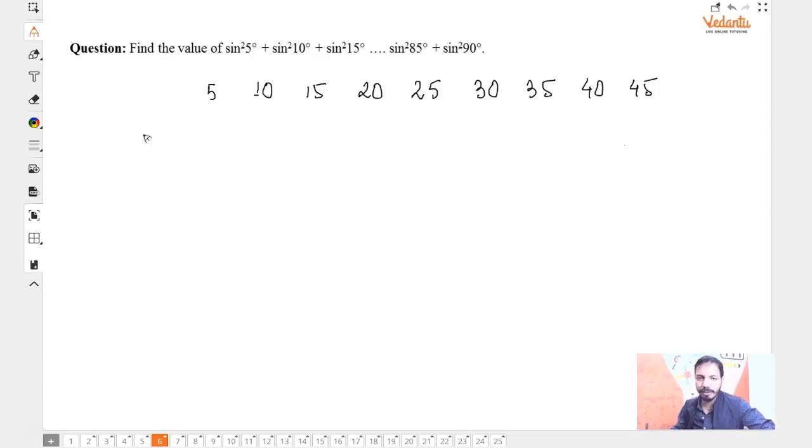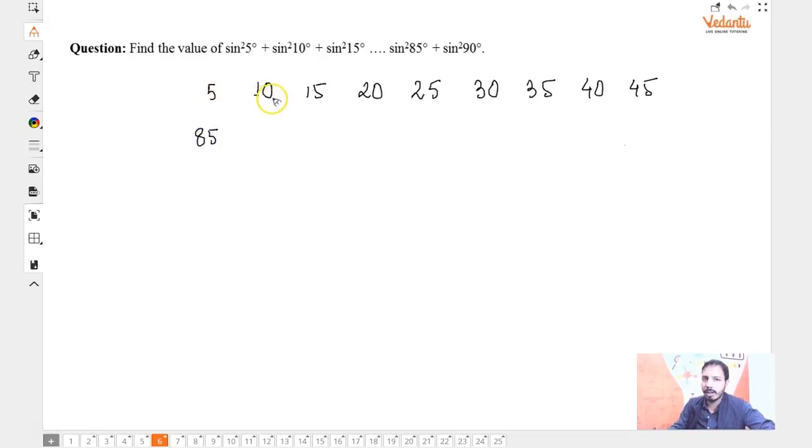Very good. So few of you are giving me the answers. Those who need some hint, let me tell you, try to see what the complementary angle of 5 is. We know that the complementary angle of 5 is nothing but 90 minus 5, that is 85, right? Let me write the complement of this as 85.